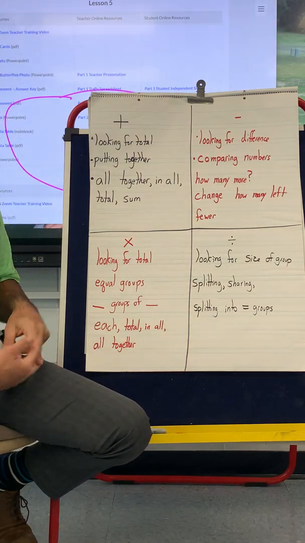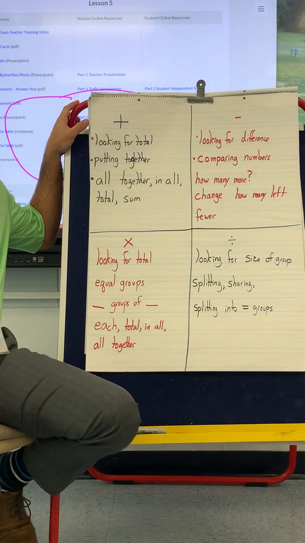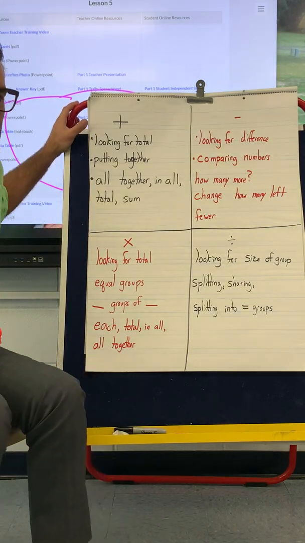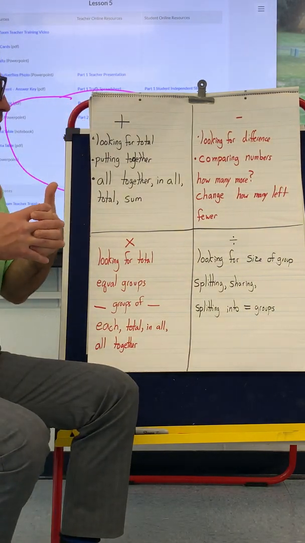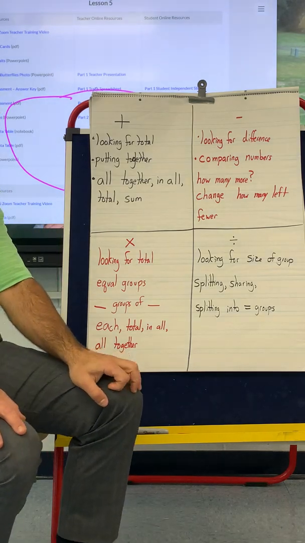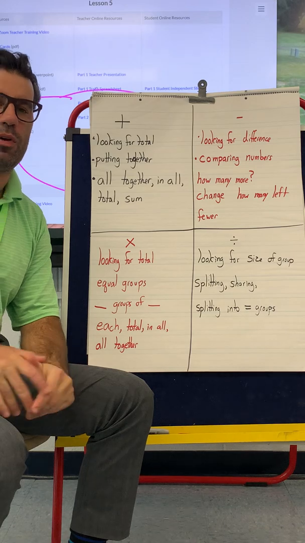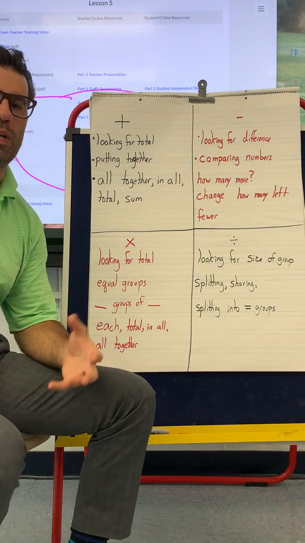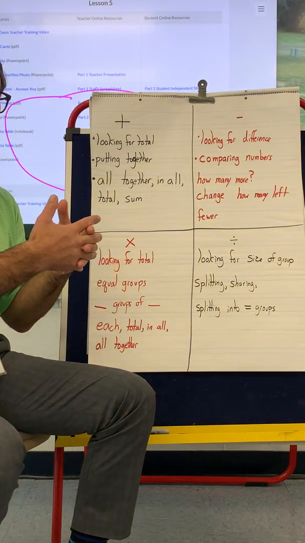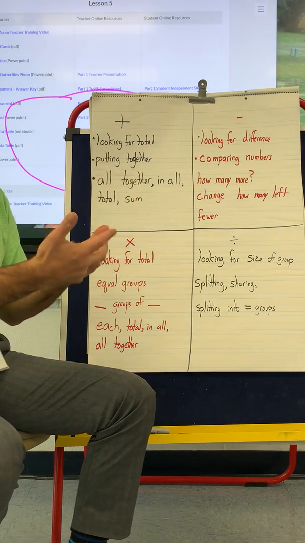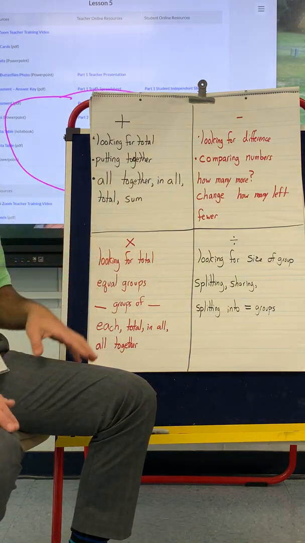So basically, adding is when you're looking for the total. You're putting numbers together, and you're looking for the total. The groups might be equal or they might not be equal, but you're just putting numbers together to find how many you have in all, or in total, or all together, okay?